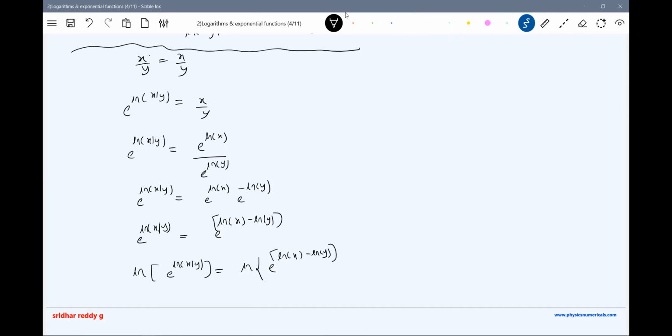So the expansion of this will be log of x by y into log e, and this is log x minus log y into log e.